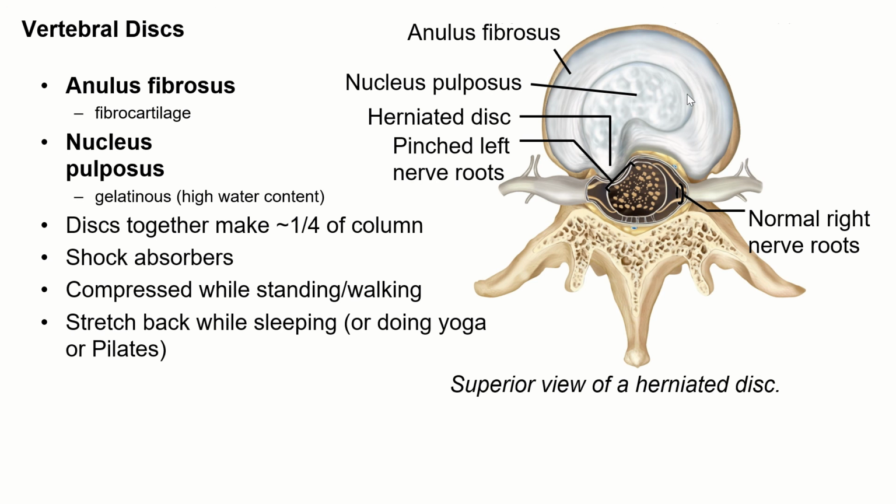When they're nice and healthy, they provide cushion between the bodies of the vertebrae. If it gets herniated, then it can actually start pressing on the spinal cord and the spinal roots. So these, of course, would be the anterior roots.